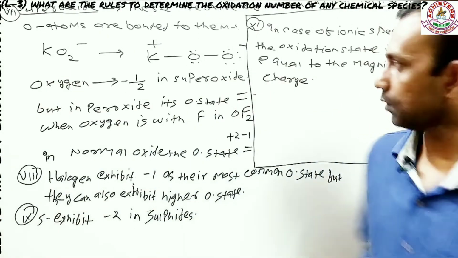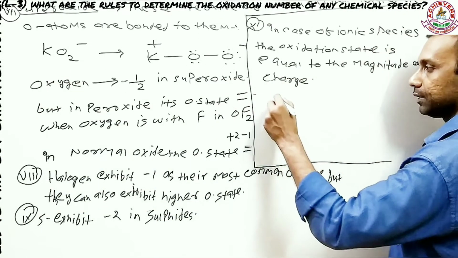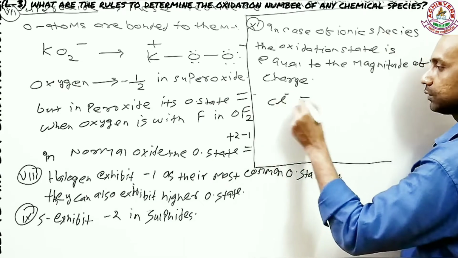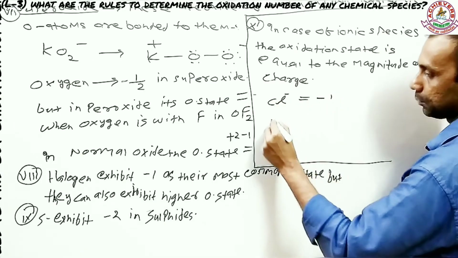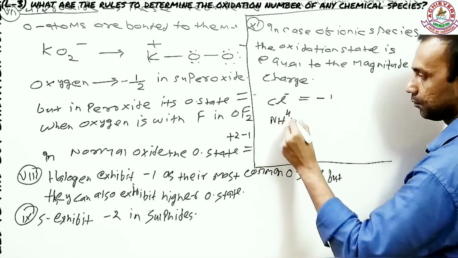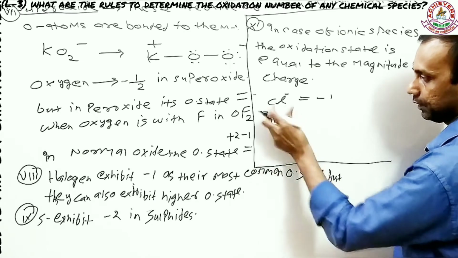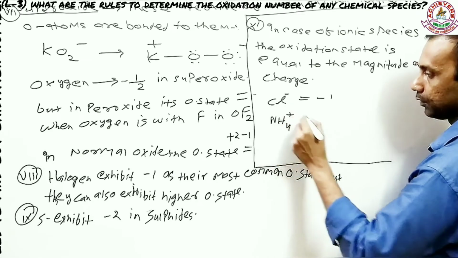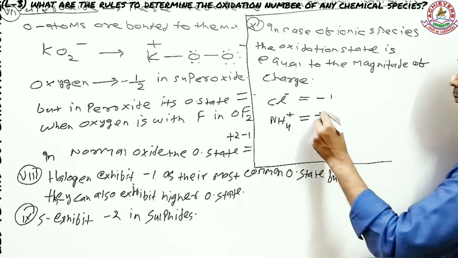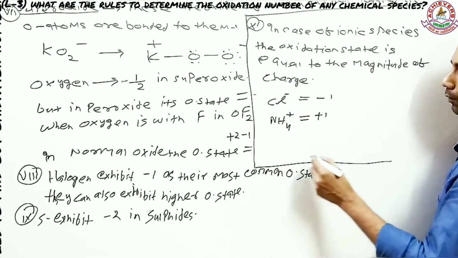Okay, so let's take an example. For example, Cl negative, the oxidation number is going to be -1. Suppose it's NH4 positive, the oxidation number is going to be +1, and so on.